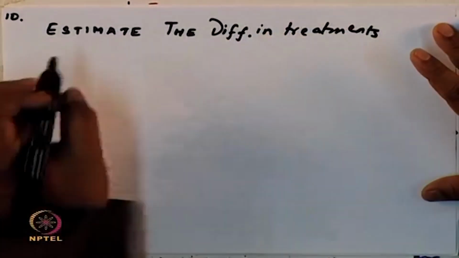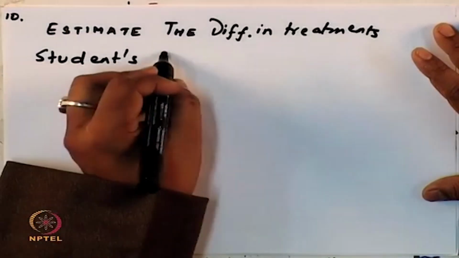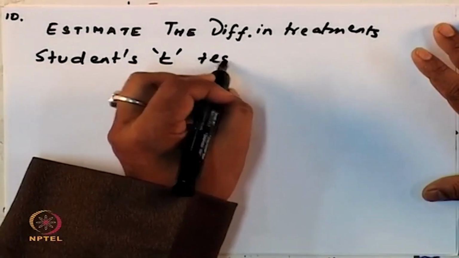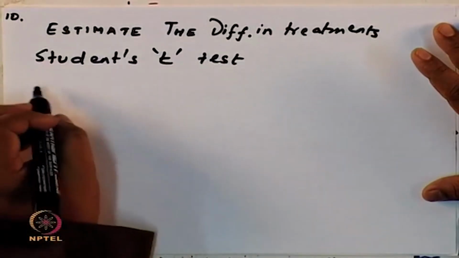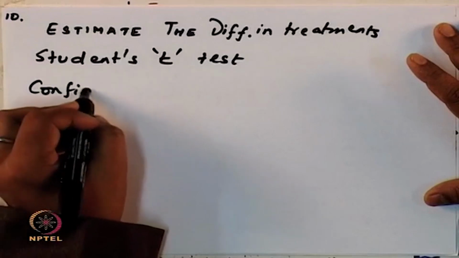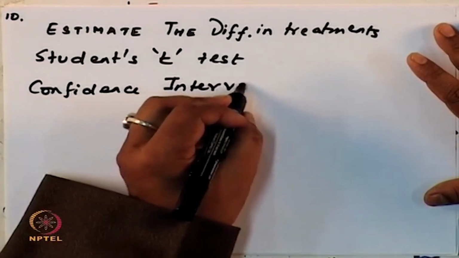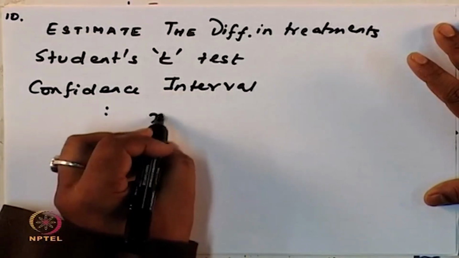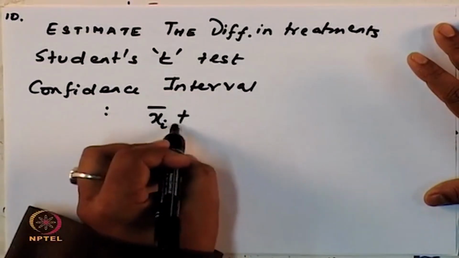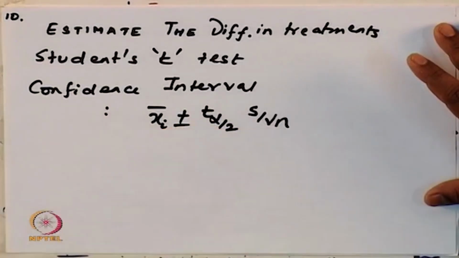Okay. So, for this you can use the student's t test, where your confidence interval is given by x bar plus minus t of alpha by 2 into s by root of n.